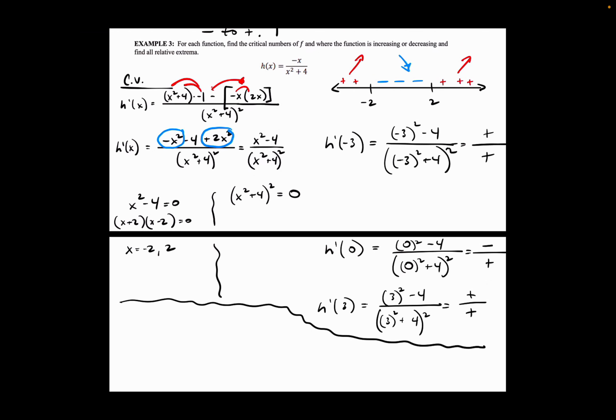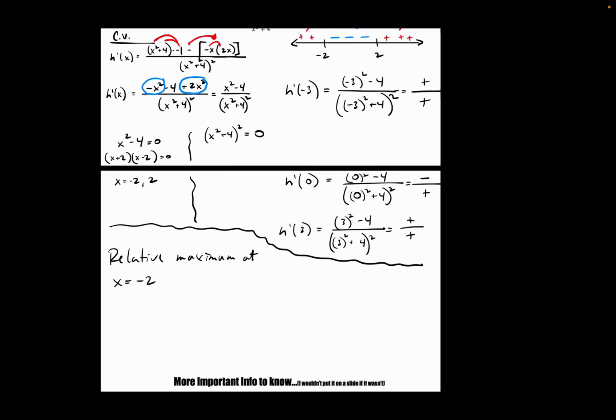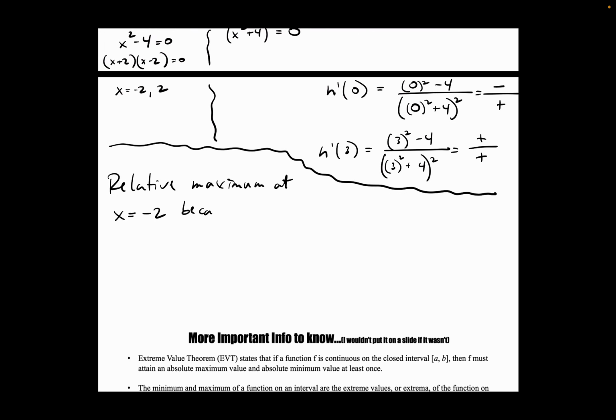So they want to know about everything, minimums and maximums. So we're going to say relative maximum at x equals, so which one is going to be a maximum, negative 2 or positive 2? Negative 2, because f prime of x switches from positive to negative, or it switches from increasing to decreasing, either one.